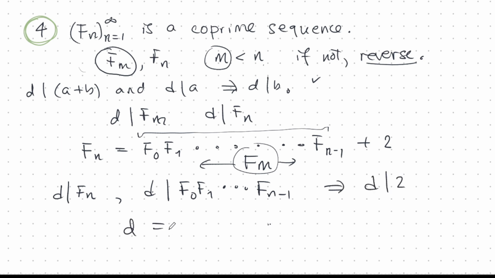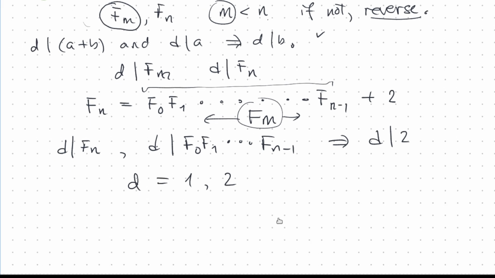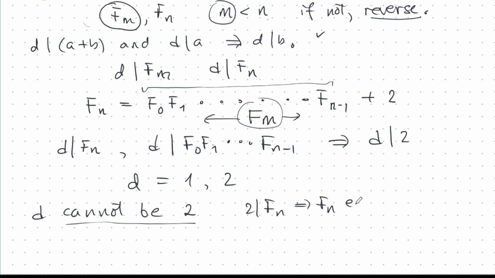So D must be either 1 or 2. That's very interesting. Now, can it be 2? What do you think? It cannot be 2, because if it's 2, then 2 divides fn, and then therefore fn is even. And this is wrong because we know that all the fn's are odd.